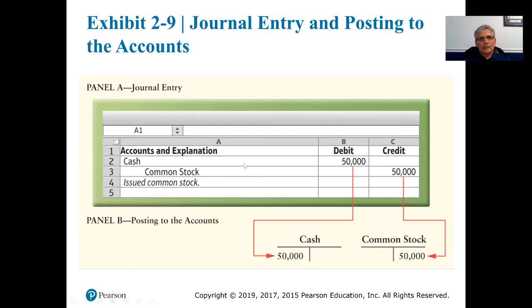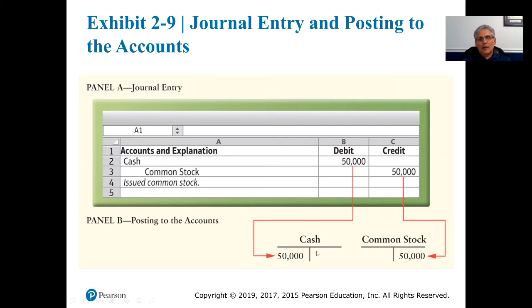So we recorded the journal entry here, and then the debit is transferred to the T account or the ledger. Same here, we have a credit to common stock. Now here, there's no balance. We don't update any balances, but we take this 50,000 and we transfer it to the ledger and we credit it for 50. So we're keeping track of the balance in the T accounts or on the ledgers.